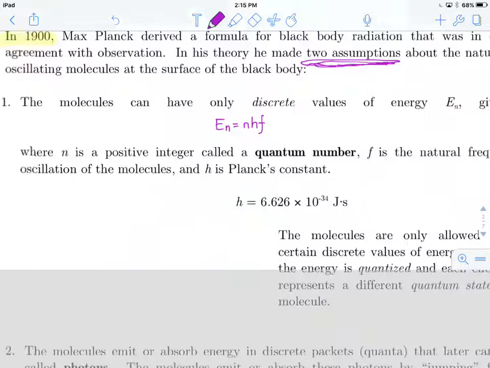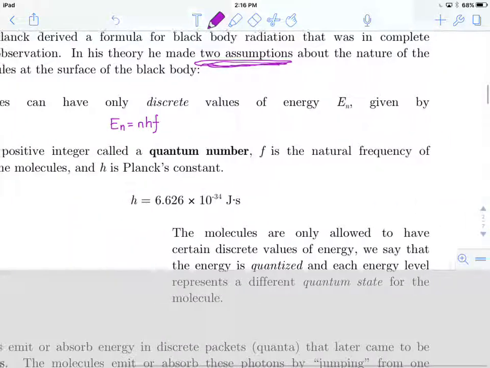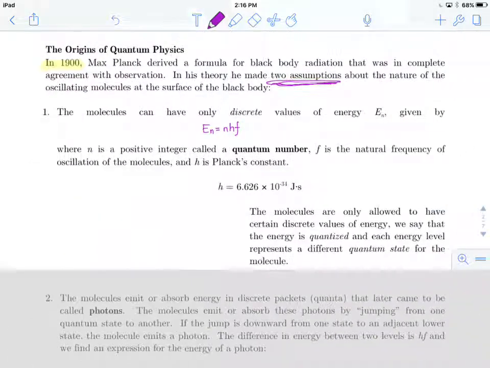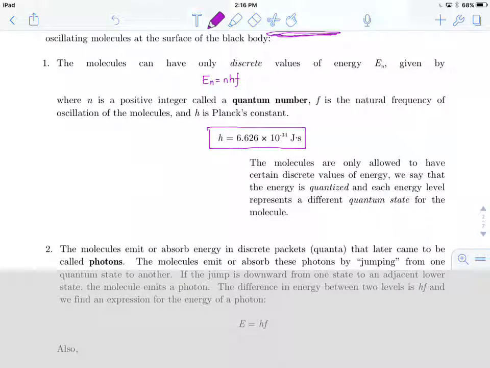So these are discrete energy values where n is some positive integer called a quantum number. f is the natural frequency of the oscillation of the molecules, and h is Planck's constant, where Planck's constant is 6.626 times 10 to the negative 34 joule seconds. So the molecules basically are only allowed to have discrete values of energy, right? So we say that the energy is quantized, okay?